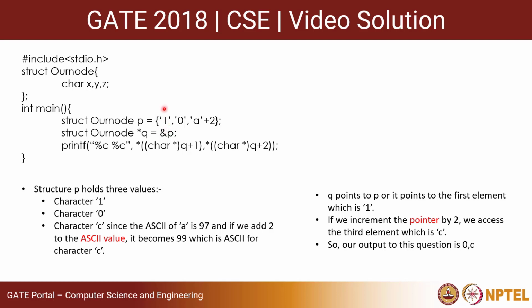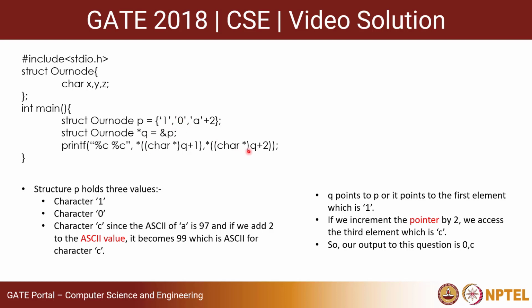And if we increment the pointer q by 2, then we move to the third element, which is C, a plus 2, and I explained a plus 2 is C. So in the first case, q is the pointer, we are casting it to a character pointer, which points to the first element. We add 1 to it, it points to the next element. And we access the content of it by using the star operator. So 0 gets printed.